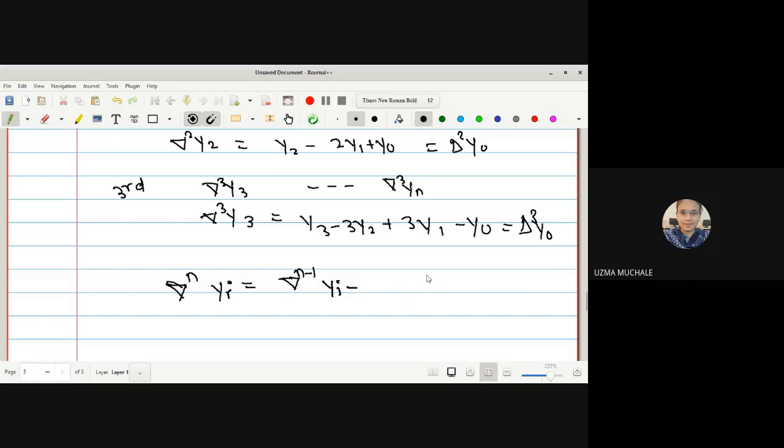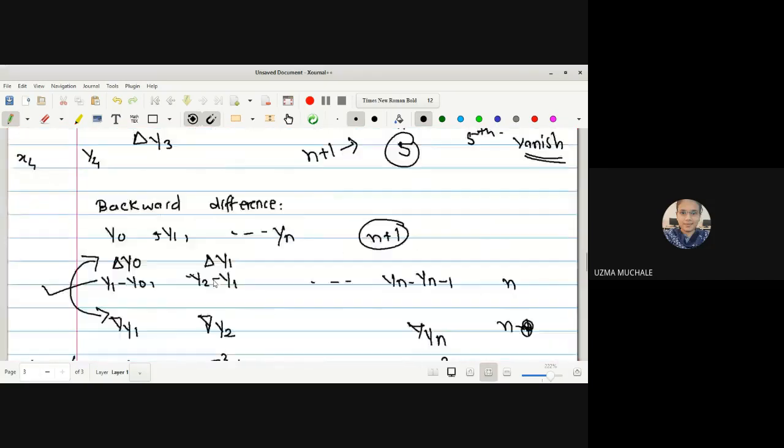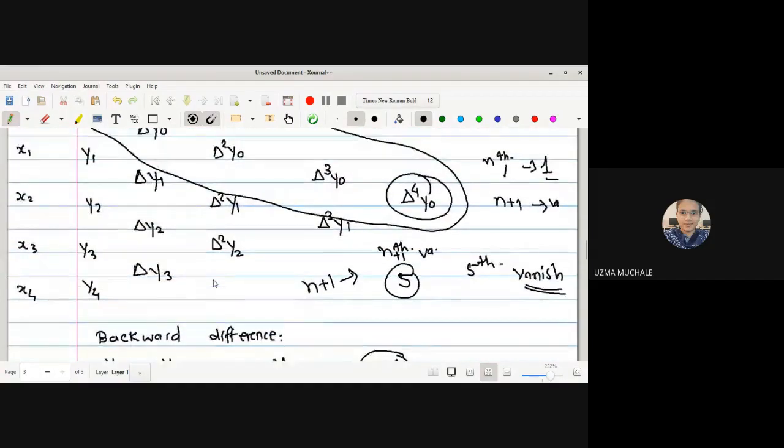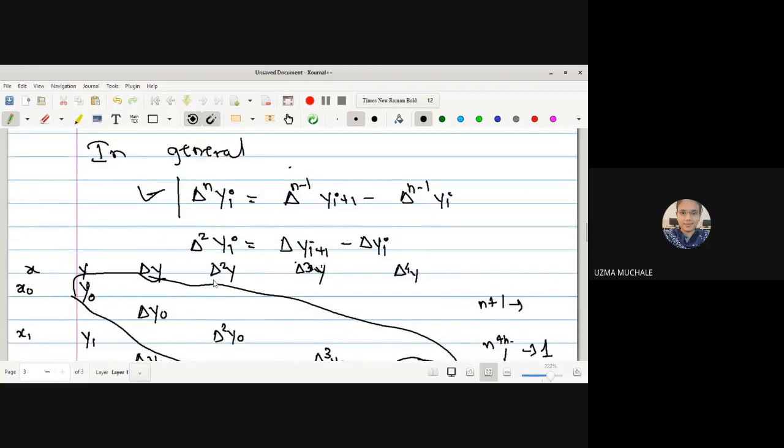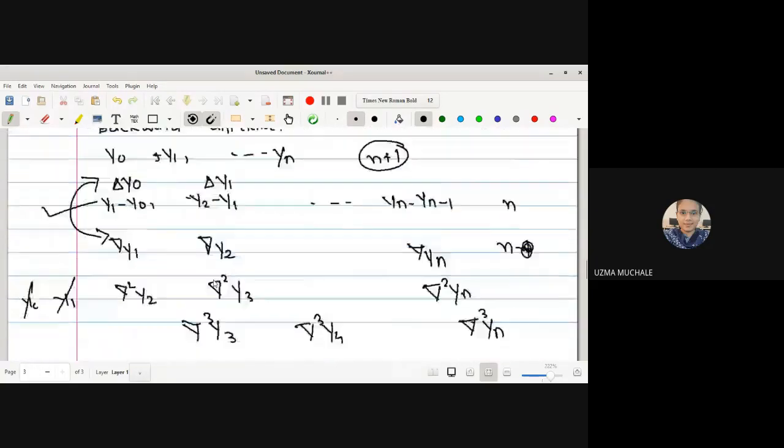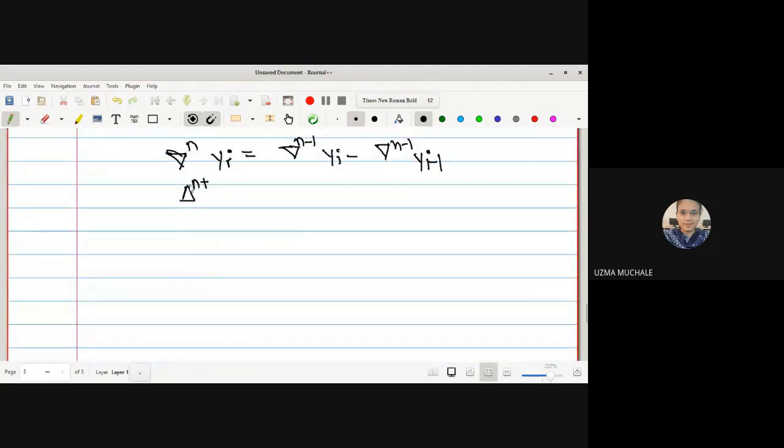Delta raised to n yi is equal to delta raised to n minus 1 yi minus delta raised to n minus 1 yi minus 1. The previous value is used, that's why it is called backward, whereas for forward it is delta raised to n minus 1 yi plus 1.